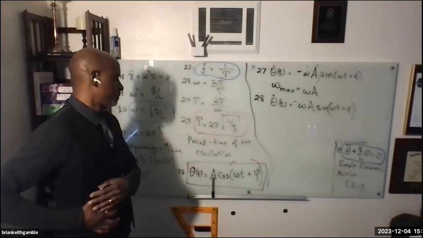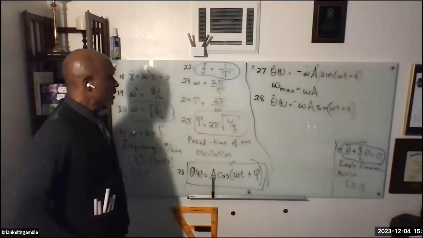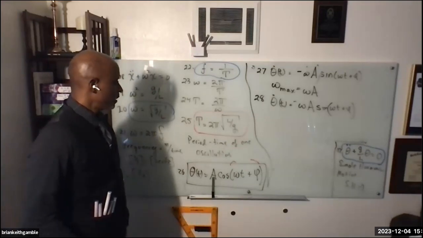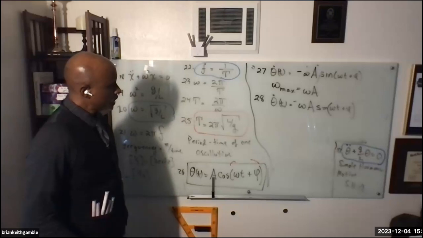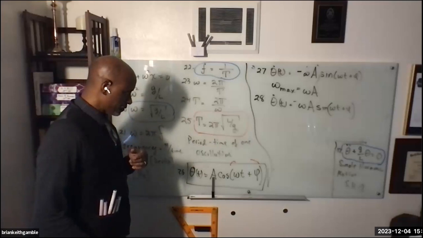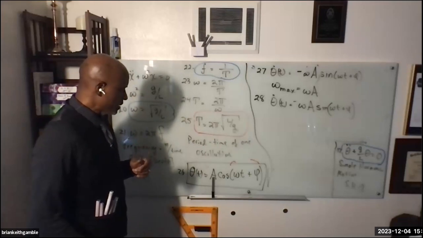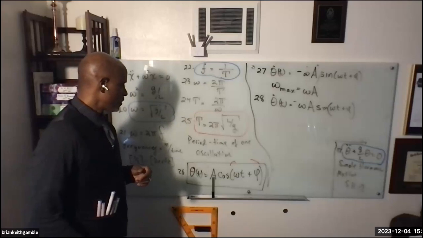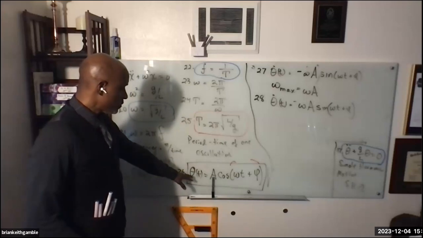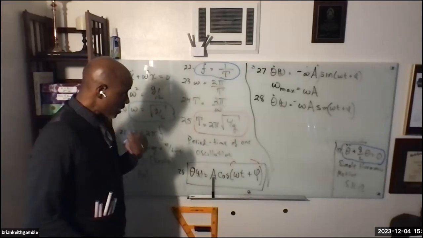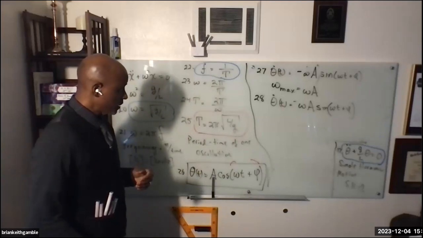Derivative of cosine leads to negative omega A sine. And the negative sign indicates a phase shift. Remember how I told you that when the velocity is maximum, the position is at equilibrium? This is the position theta. So theta is 0 whenever the velocity is a maximum.